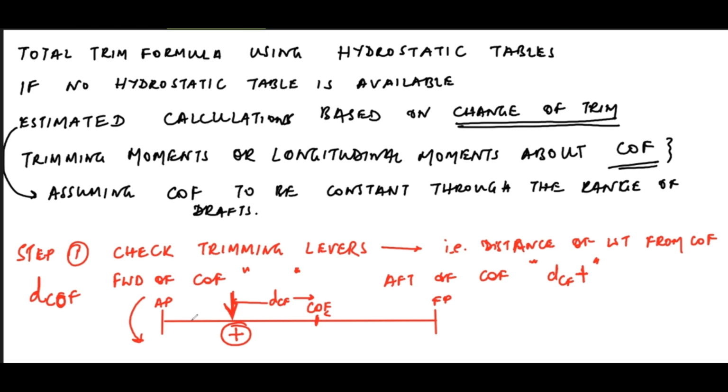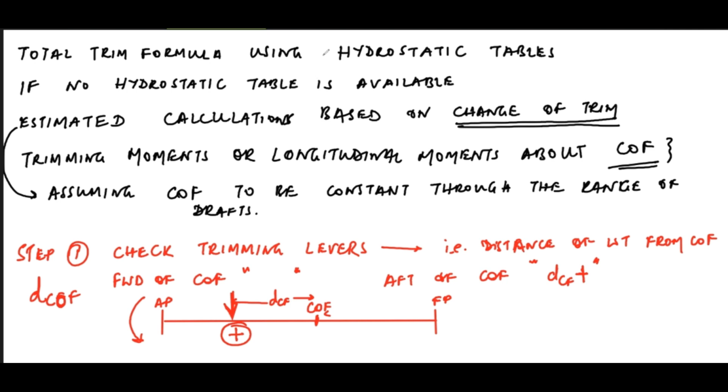So if you are going to increase the trim, then we are calling that as a positive moment. And therefore, to get that positive moment, come up with a DCF which is positive. So therefore, we are calling the position aft of the center of rotation as positive.